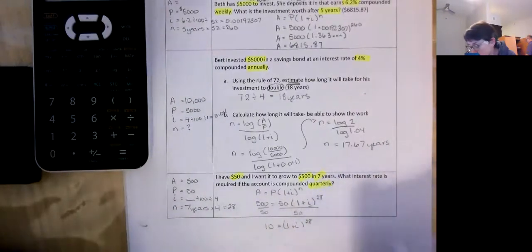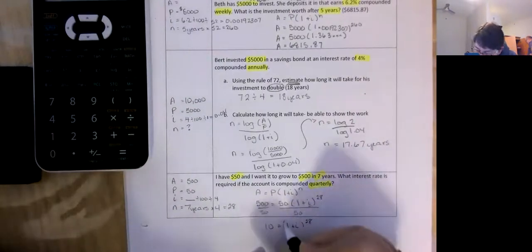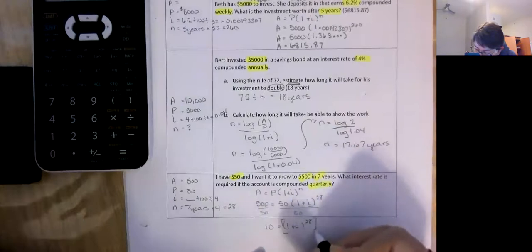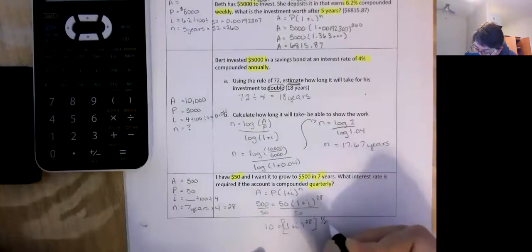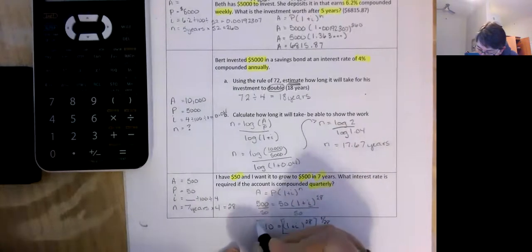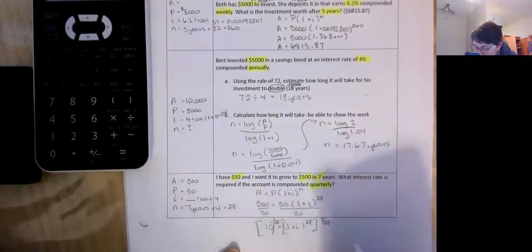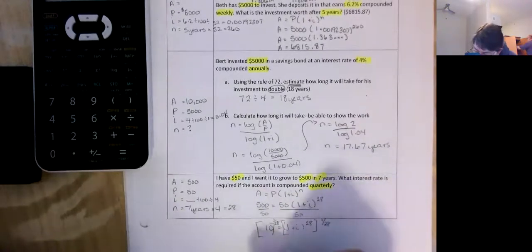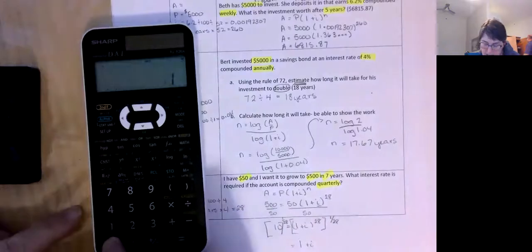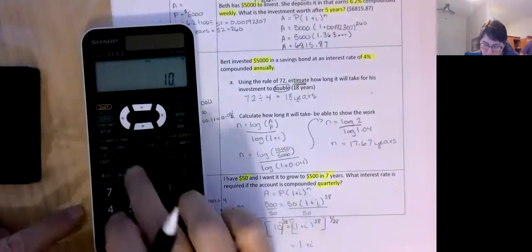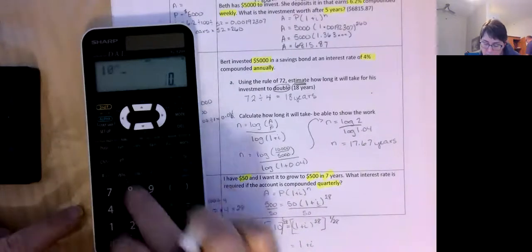Now you could start guessing interest and see if it works, but that's just too much work. Remember, you're going to do the 1 over 28. You're going to use the reciprocal exponent, which is pretty heady stuff. And when you do that, this part disappears, and I'm going to have 1 plus I. And over here, it's 10, and then we're going to use exponent.